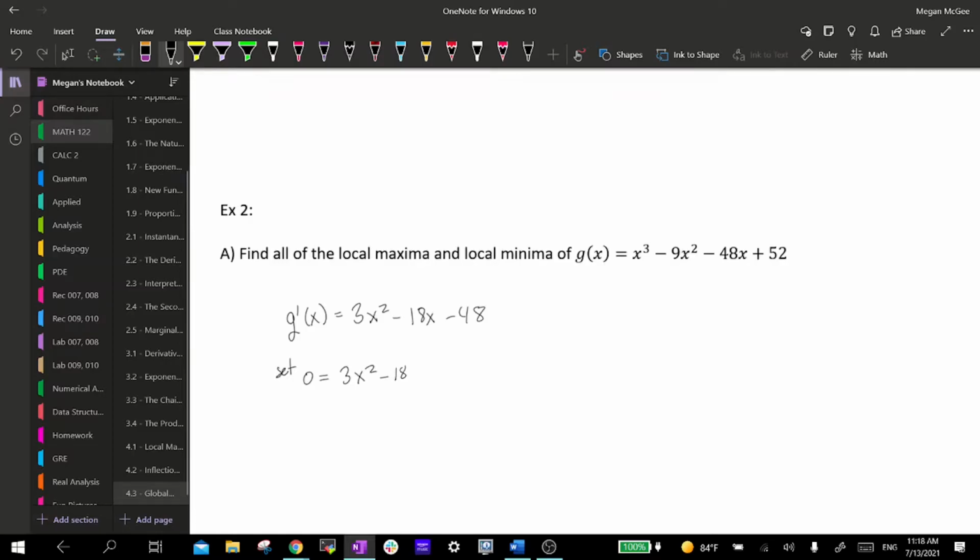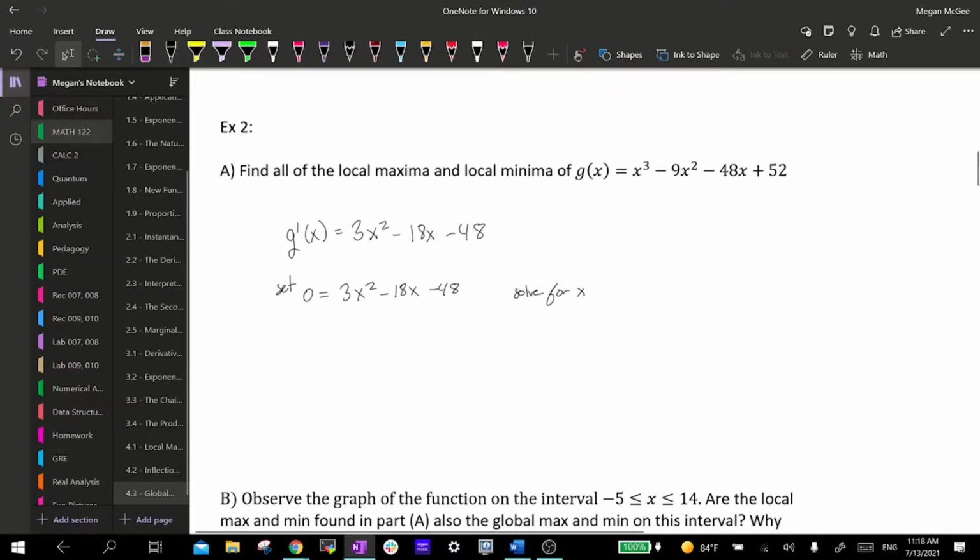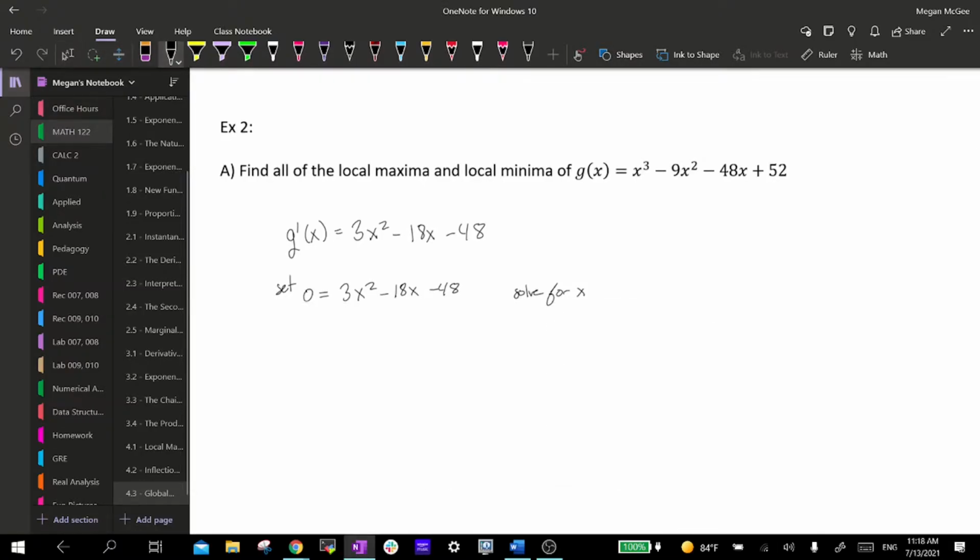3x squared minus 18x minus 48 equals 0. And then we need to solve for x. Alright, first we're going to pull out a 3.